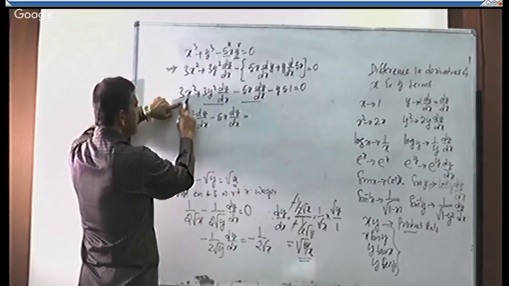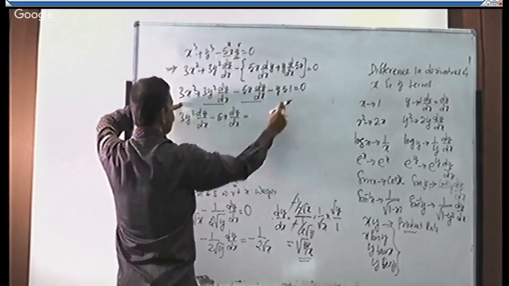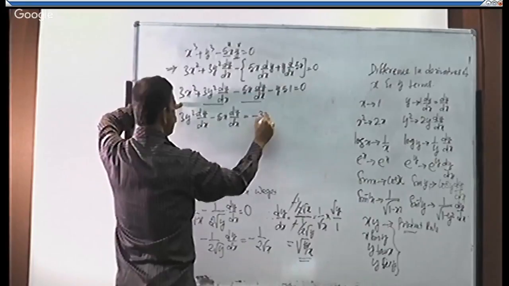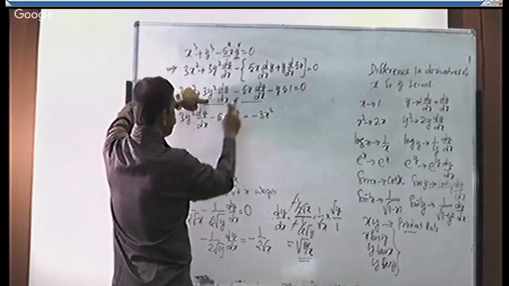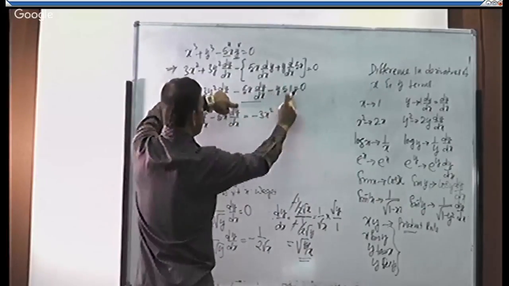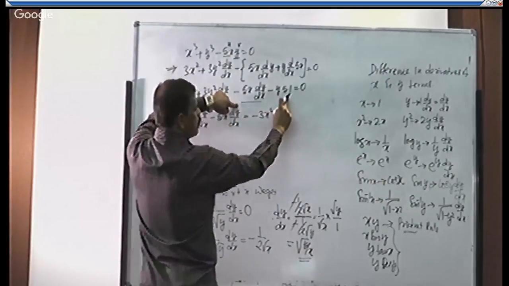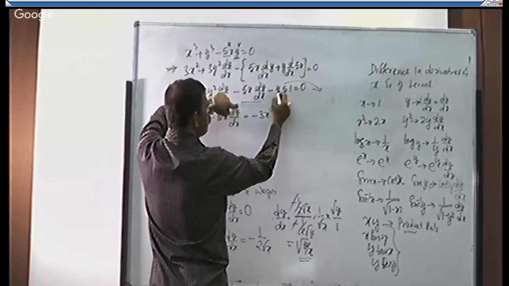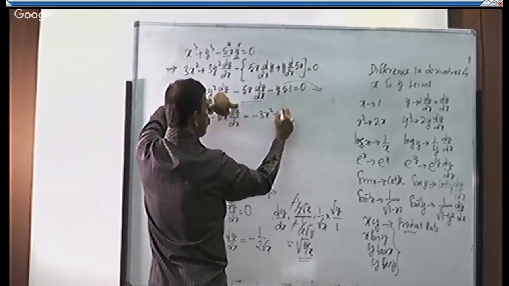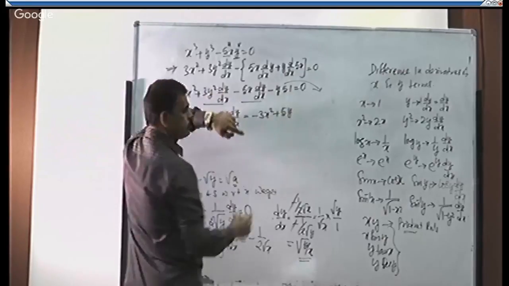Here we don't have dy by dx, you just transfer it. What happens? Its sign changes, 3x square. Then here is dy by dx, we have taken, this is also taken. Is this one? We don't have dy by dx, it has to be transferred, right? Minus 5 into 1 into y, 5y, it becomes plus 5y.